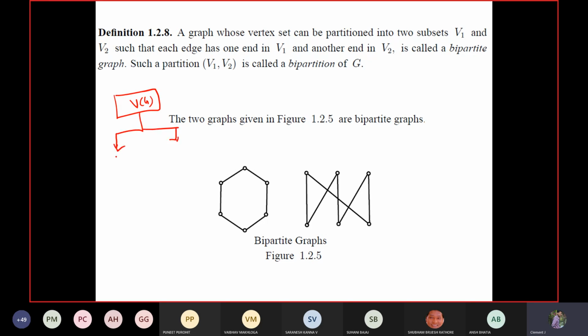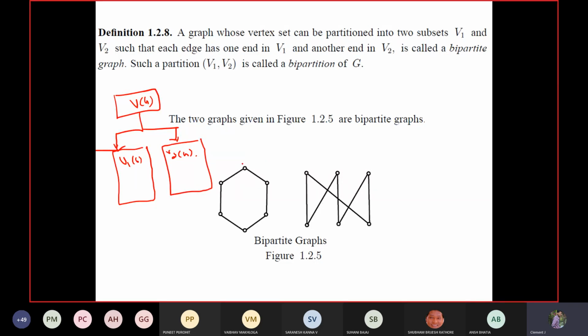One is V1 of G, another one is V2 of G. This original graph's vertices are split as V1 of G and V2 of G. To split it into two components, I should apply one condition. What is the condition? All the vertices which lie in V1 will have the other end at V2.